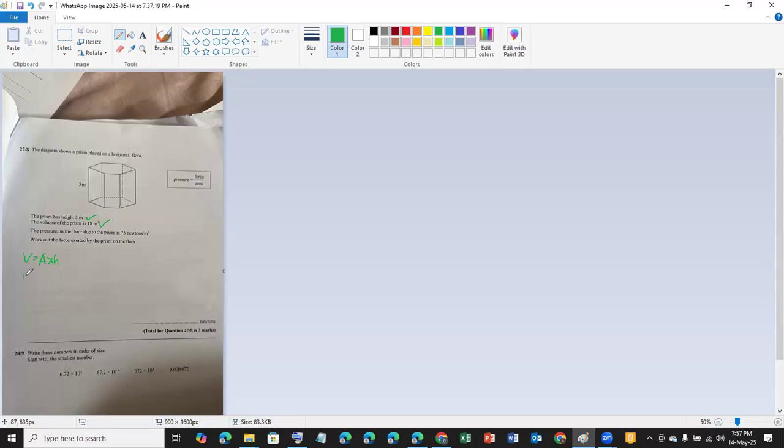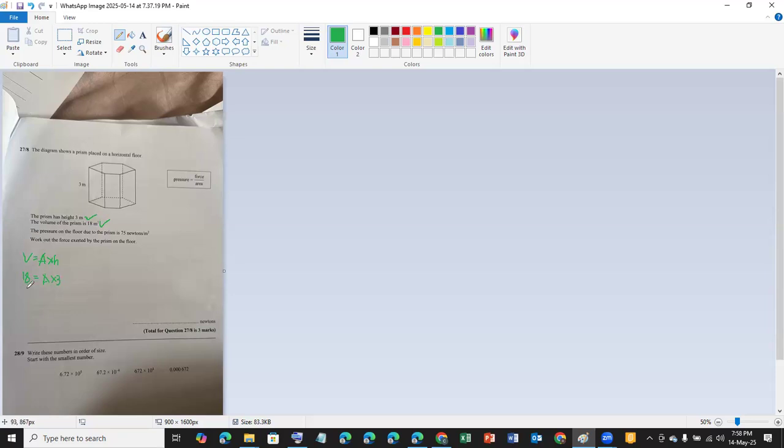So I'll just go and put 18 wherever I see the volume V and say equals the area, which we don't know, but there's no problem. We would know it from this calculation. So we'll just put A back there, and then multiply it by the height, which we are told is what? 3 meters.